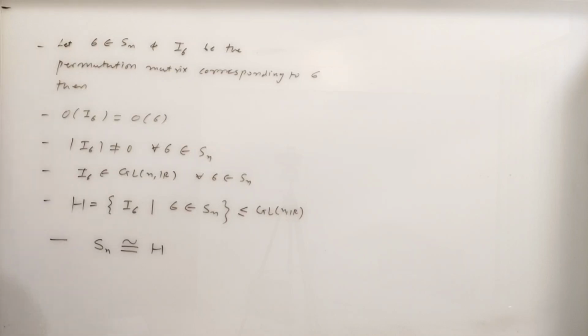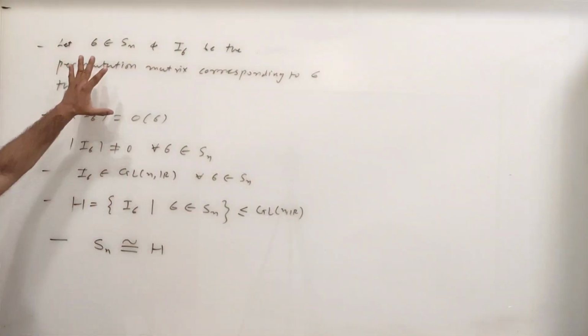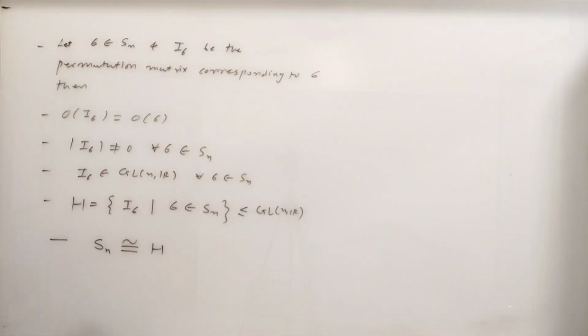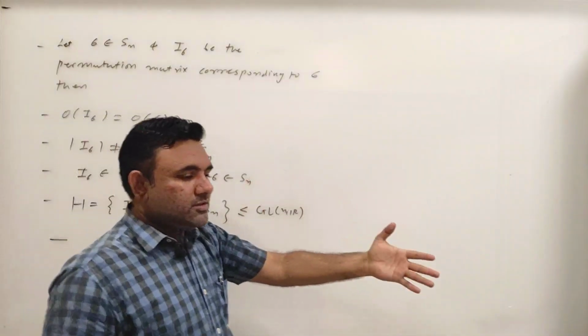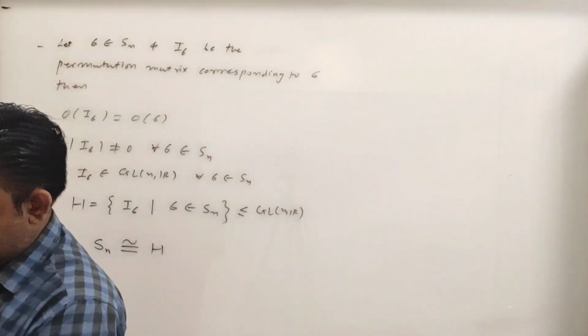This is the statement. To discuss this statement, I discussed the concept of permutation matrix, and in between we got these two things. The order of a permutation matrix is the same as the order of the permutation corresponding to that matrix.